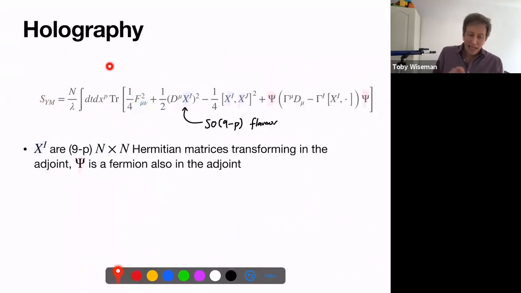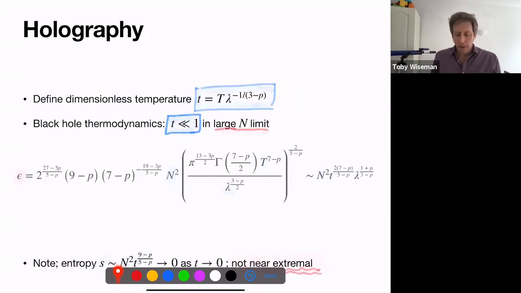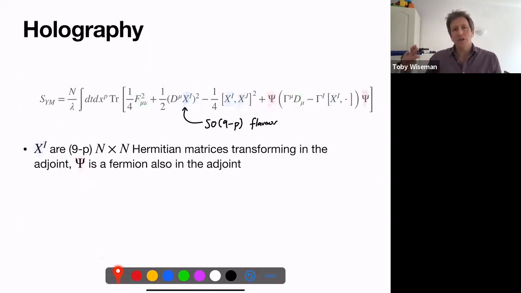Anyway, in this case, the gauge theory looks like the generalization of the usual N equals 4 in 3 plus 1. When you're in p plus 1 dimensions, it follows from N equals 4 trivially by just classical dimensional reduction on a torus. So if you want to go down in dimension to p equals 2, 1, or 0, you can just dimensionally reduce the flat space N equals 4 theory on circles.